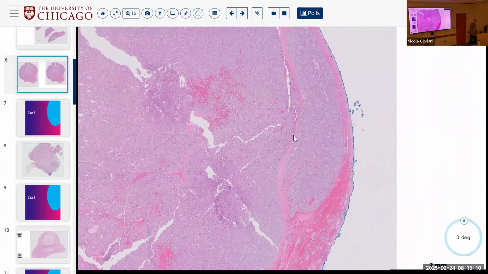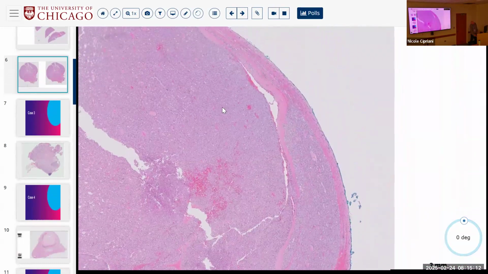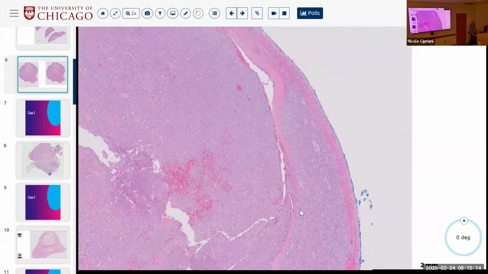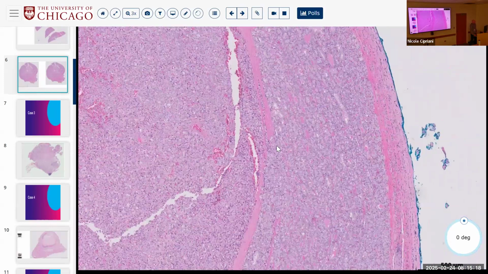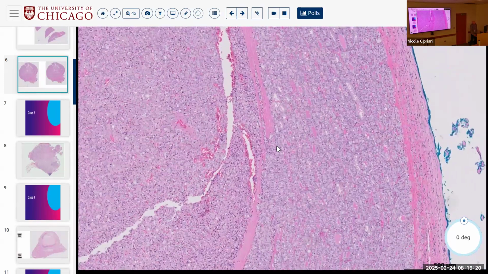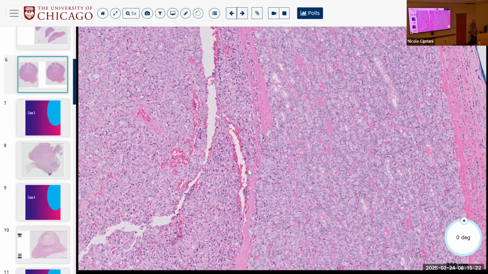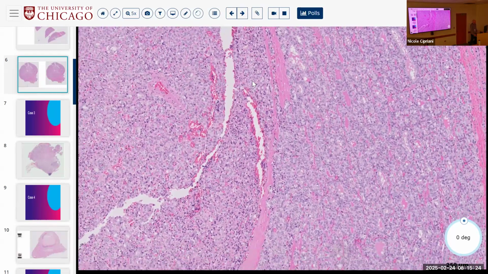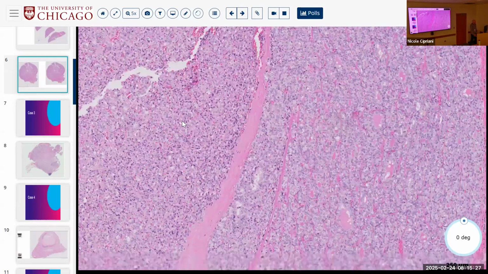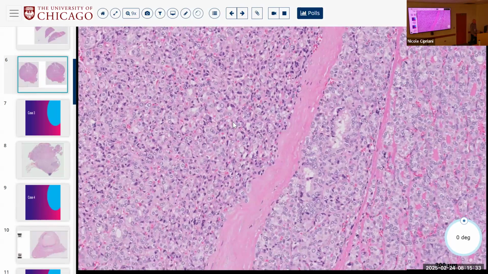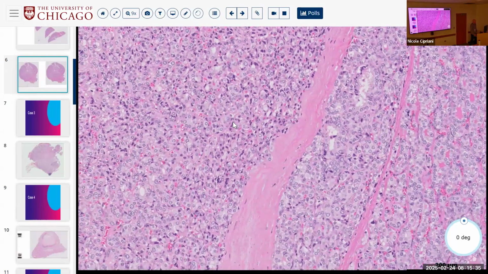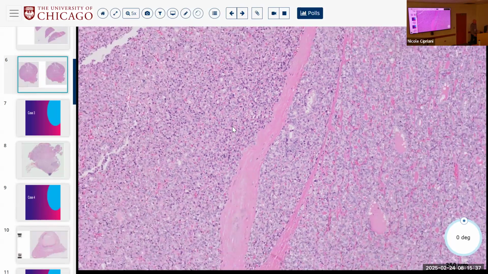I was just wondering about this. They almost look a little distinct. Let's look at the sites. So I think those are probably just crushed follicular epithelial cells that sometimes end up looking like lymphocytes.